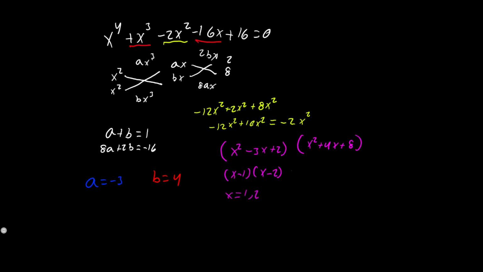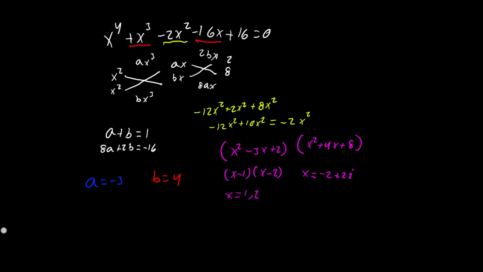And here we are going to have x is equal to negative 4 plus or minus root 16 minus 32 over 2, which is the same thing as 4i over 2. And if we just divide the whole equation by 2, we're going to get negative 2 plus or minus 2i, which is the other two solutions to our quartic.